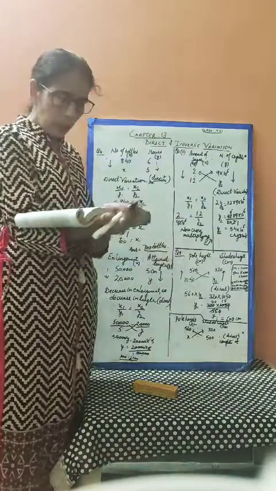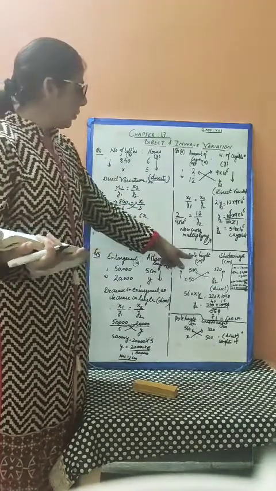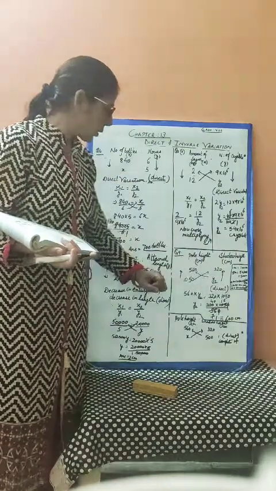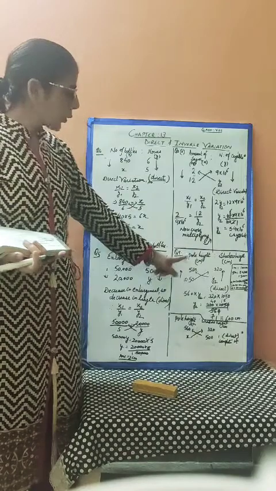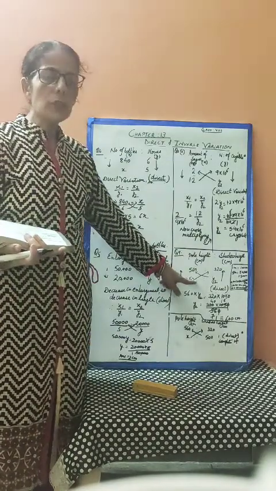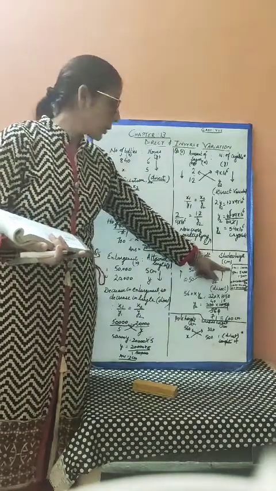Now question number 9. A 5 meter 60 centimeter high pole casts a shadow of 3 meter 20 centimeter. We have to find the shadow length if the actual height of another pole is 10 meter 50 centimeter. You know 1 meter is equal to 100 centimeter.